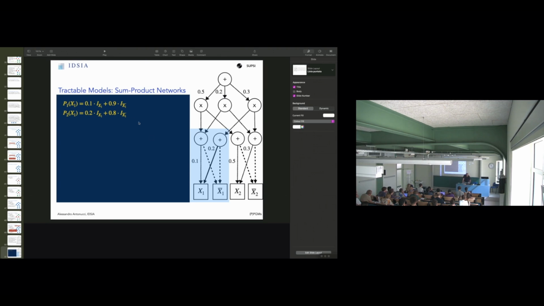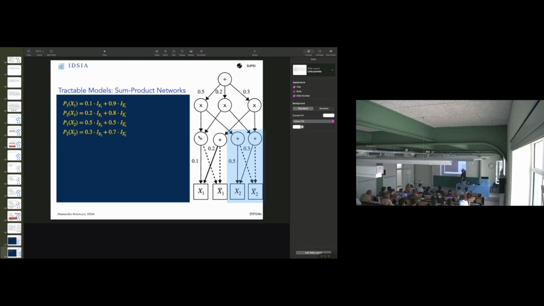These nodes are basically indicators. The arcs are annotated by probabilities, and these are sum nodes, because I'm just taking the sum of the two indicators weighted by the probabilities. And this is a way to encode the probability mass function. I can do the same here for x2.